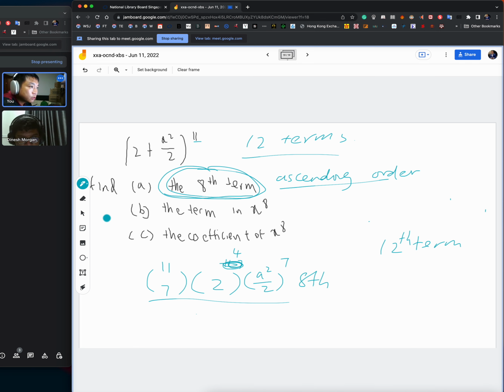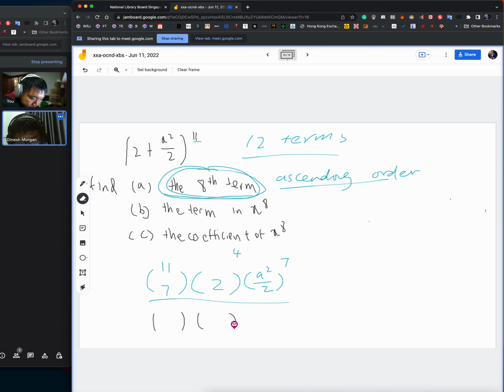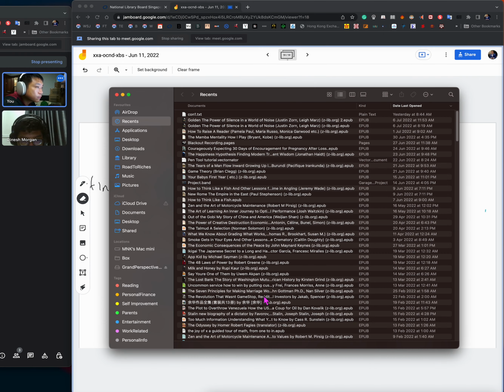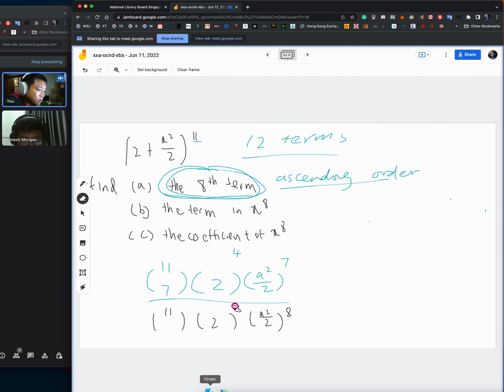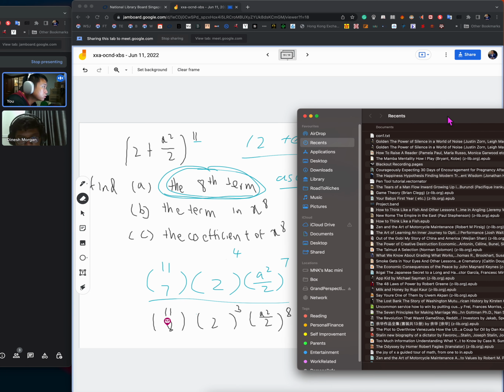Okay, good. So can you carry on from here? I just gave you a hint already. Then you carry on to solve B and C. Let me take a look at the formula, then maybe I can know whether the default is ascending or descending for Singapore mathematics.